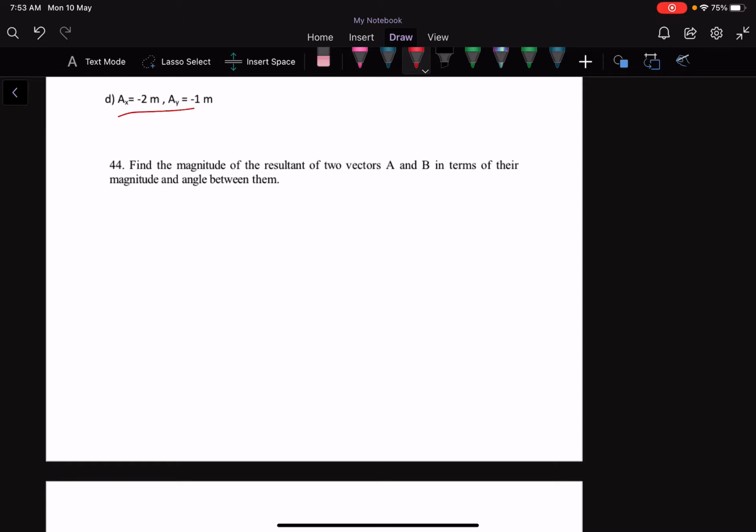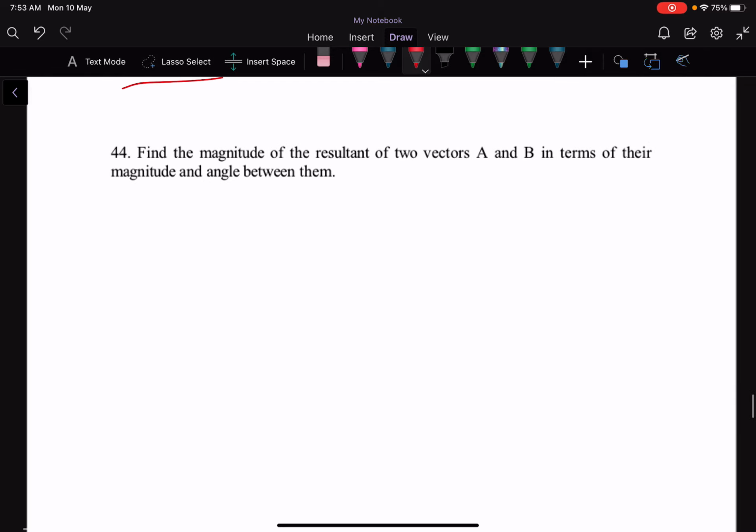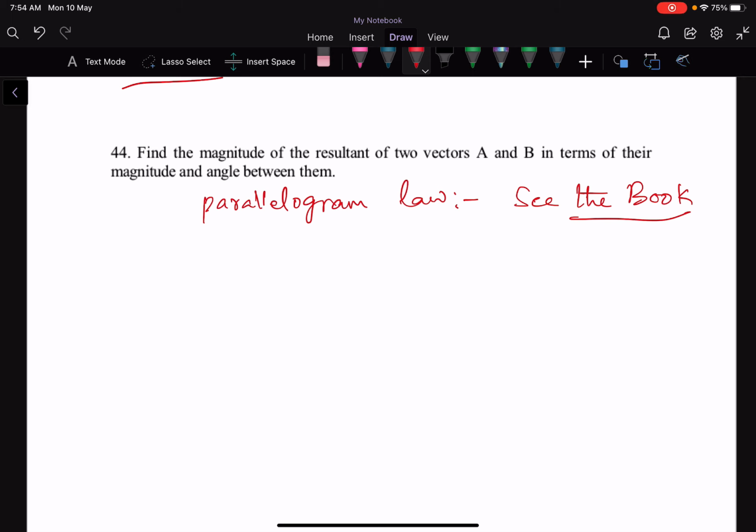Find the magnitude of the resultant of two vectors A and B in terms of their magnitudes and the angle between them. That is the parallelogram law. So, see the book and solve it. That is, the magnitudes of the two vectors and the angle between them.